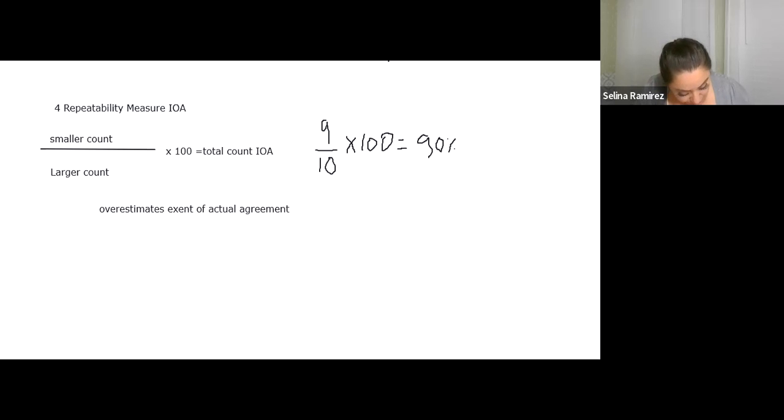The child care worker could have recorded all 10 occurrences of profane language on her data sheet during the first 15 minutes of the 30-minute observation period, and the second observer recorded just 4 of the total 9 responses reported.